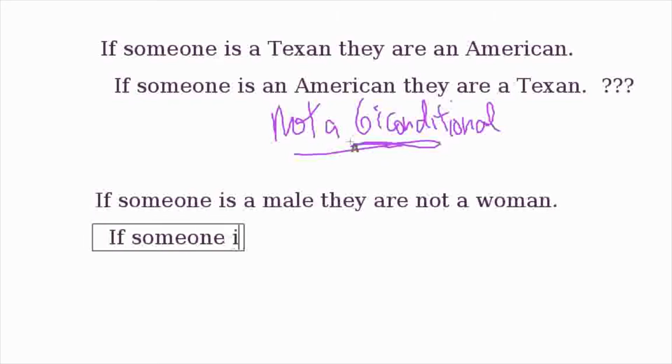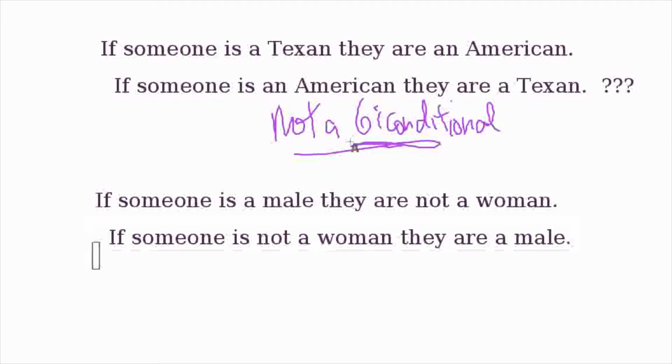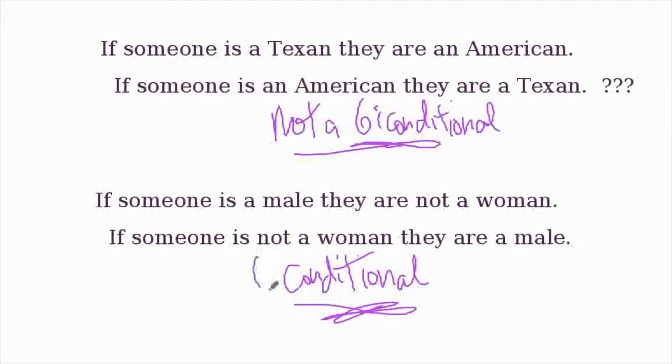If someone is not a woman, they are a male. Yes, that is true. There's only two choices: male or female, man or woman, boy or girl. So that one works in both directions, so that's a biconditional.